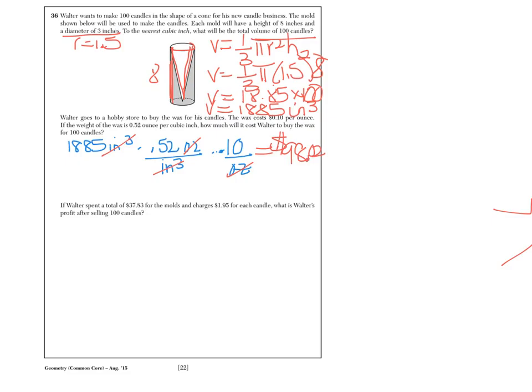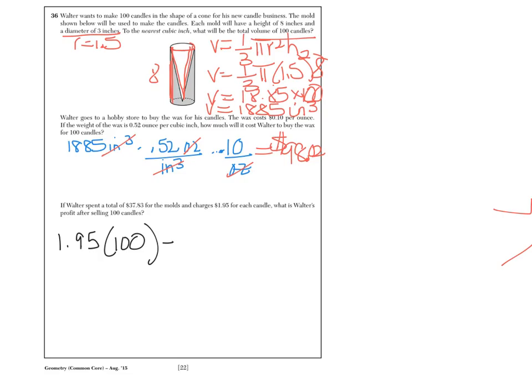Now the next part states that if Walter spent a total of $37.83 for the molds and charges $1.95 for each candle, what is Walter's profit after selling 100 candles? So we're going to multiply $1.95 to 100 candles, which is the revenue that they would be taking in.